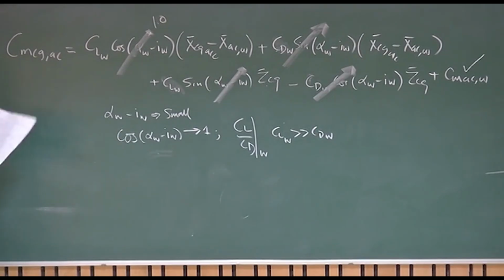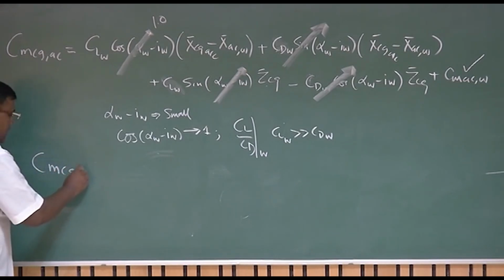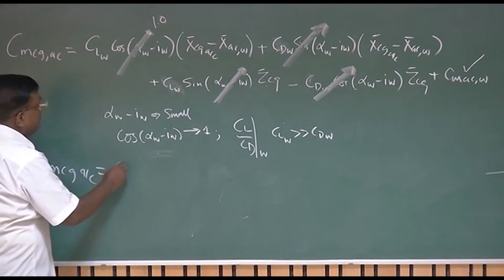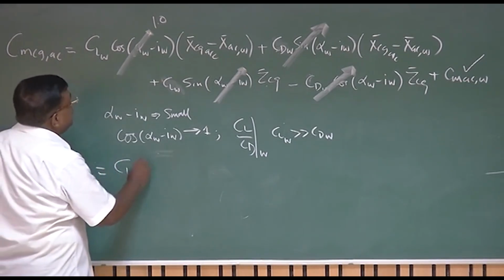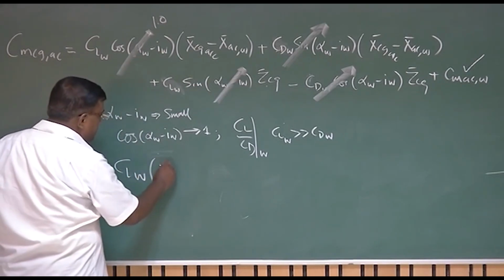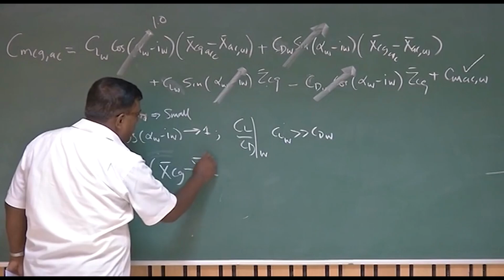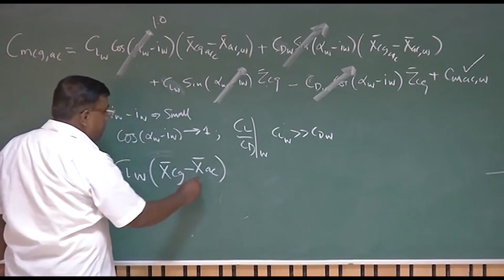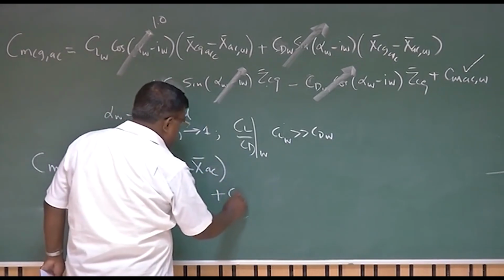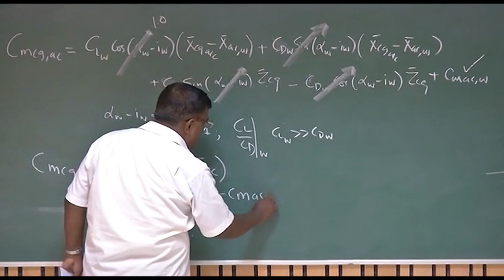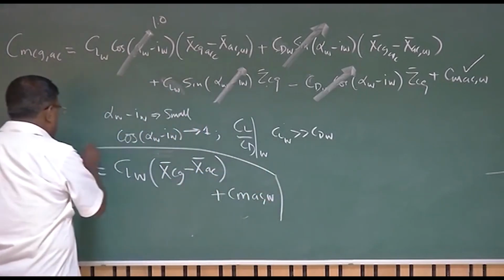After cutting so many terms, what is left to us? We have CMCG of the aircraft equal to CL wing, because this term is 1, into X CG bar minus X AC bar, plus CMAC wing. That's all. Life is so simple.